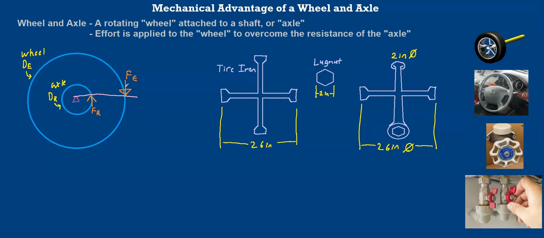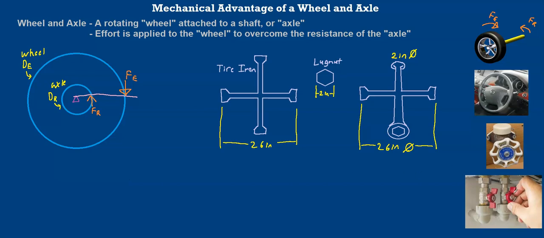What you have to picture is that this force effort is going to go around the wheel. To look more like this in reality, the force effort is going around our wheel and down the other end of our drive shaft, at the other end of our axle, we will have the force resistance fighting it. But essentially that's all a wheel and axle is: some rotating effort trying to turn some attached axle.